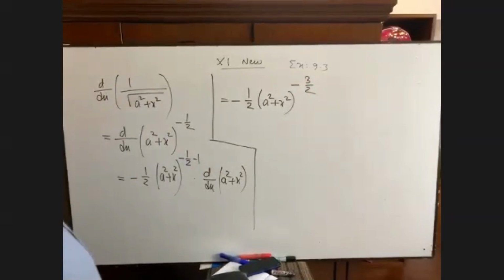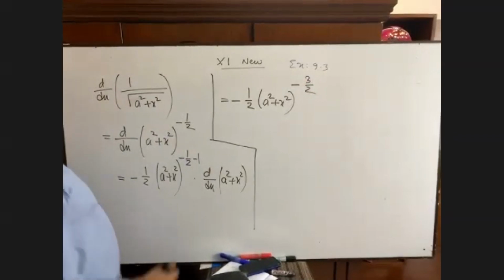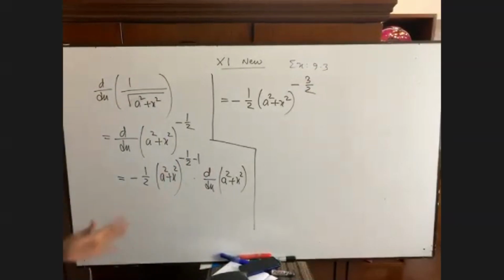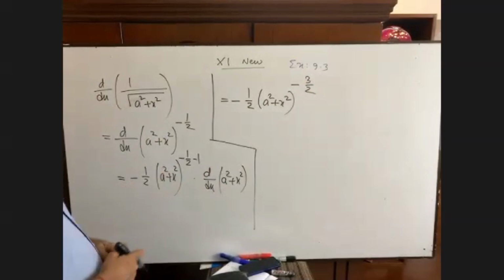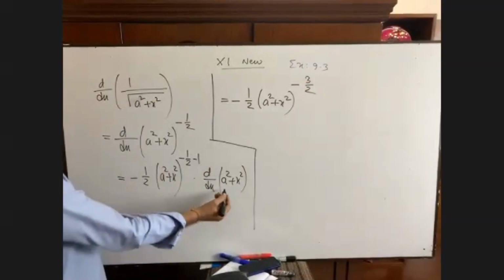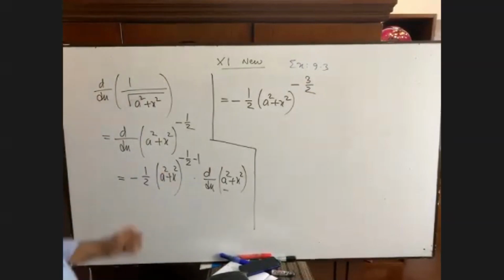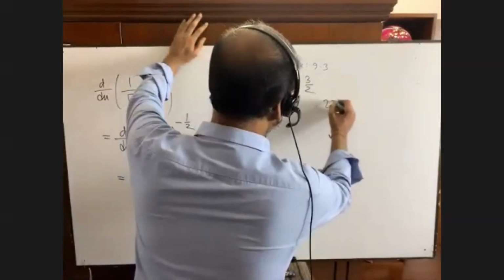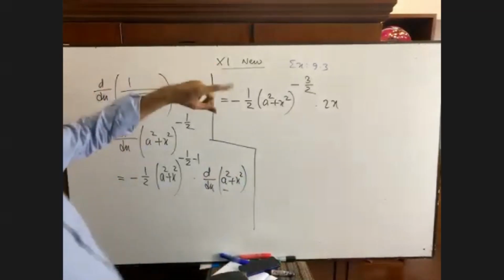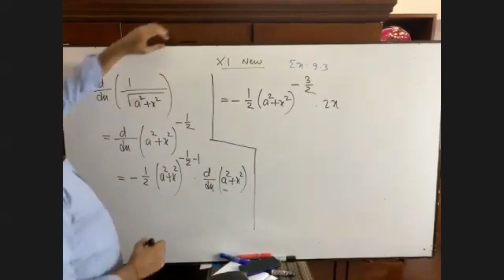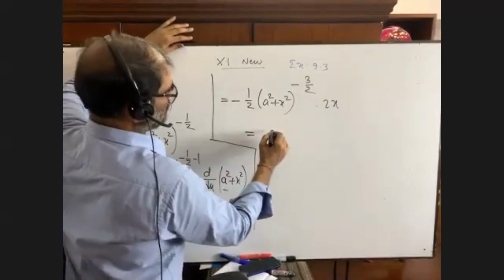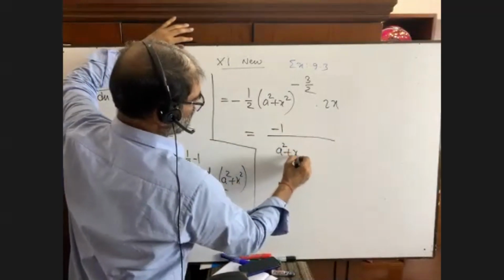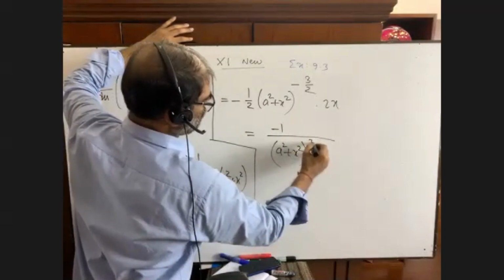Now you see, dear students, it is a, but you are going to differentiate with respect to x, not with respect to a. So it is 0, it is constant as there is no x. Now we are left with only x square, and the differentiation of x square is 2x, and the 2 cancels the half. That means our answer is minus x by (a square plus x square) whole to the power 3 by 2.